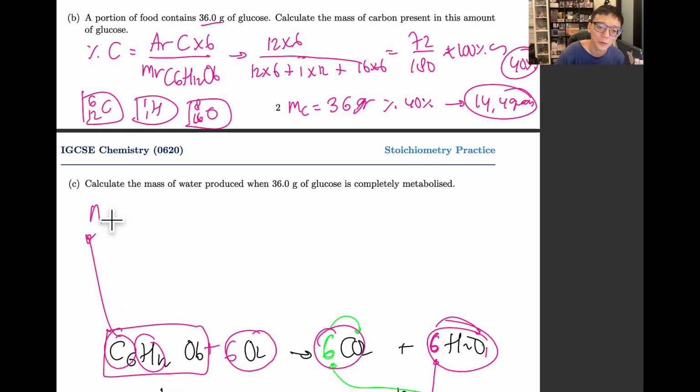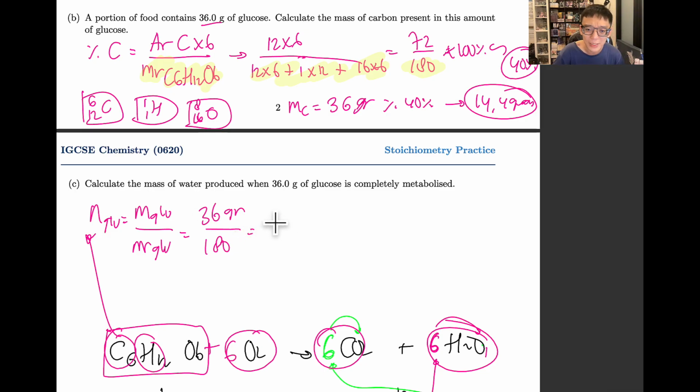The mole of glucose is the mass of glucose divided by the Mr of glucose, which is 36 grams divided by 180. We already calculated this in the previous number. This thing here, the yellow part, is actually the Mr of glucose. So here it means that we have around 0.2 mole of glucose.